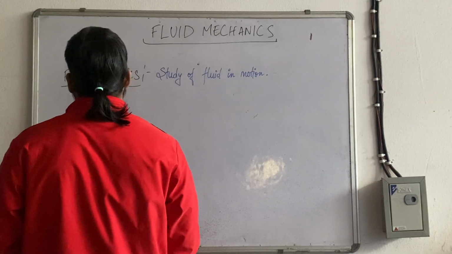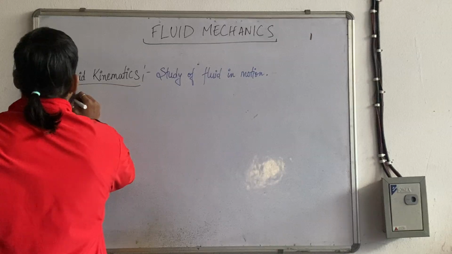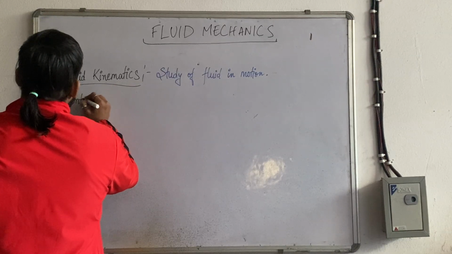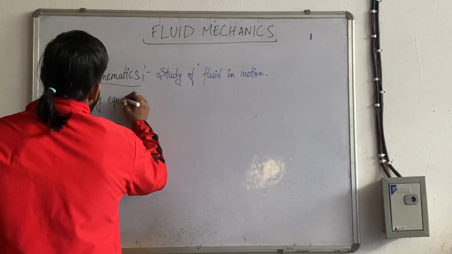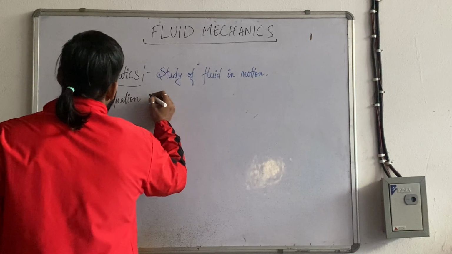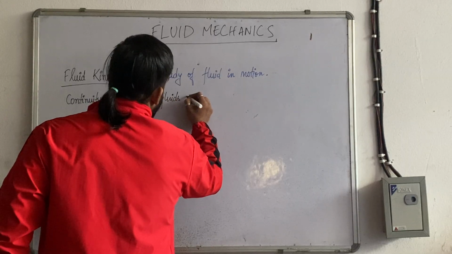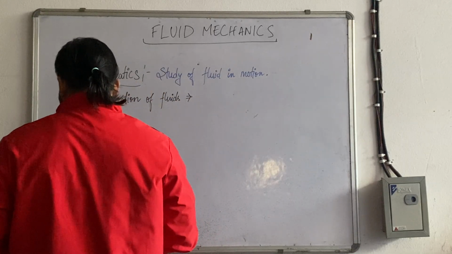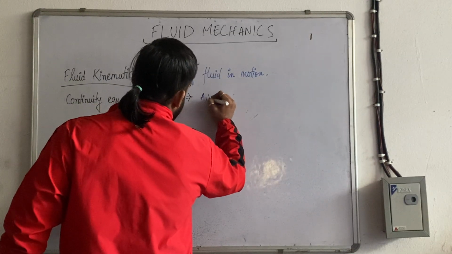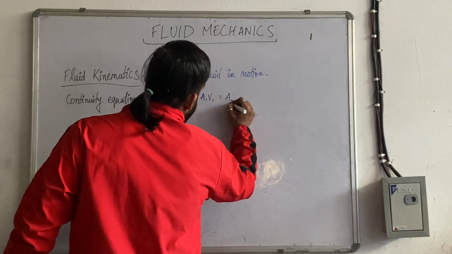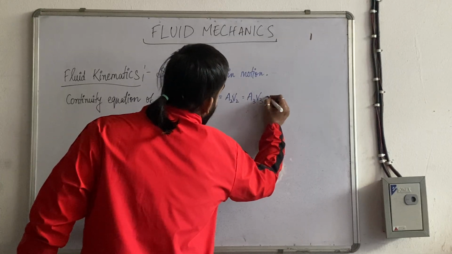With this, an equation comes into picture which is known as the continuity equation of fluids, which implies A1 V1 equals A2 V2 equals A3 V3 and so on.